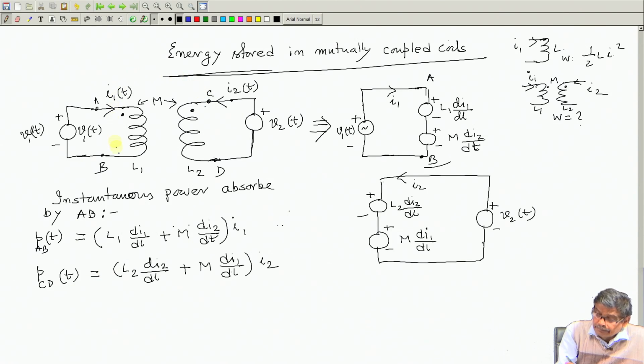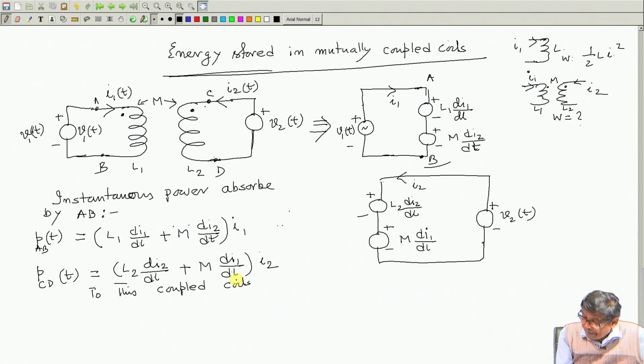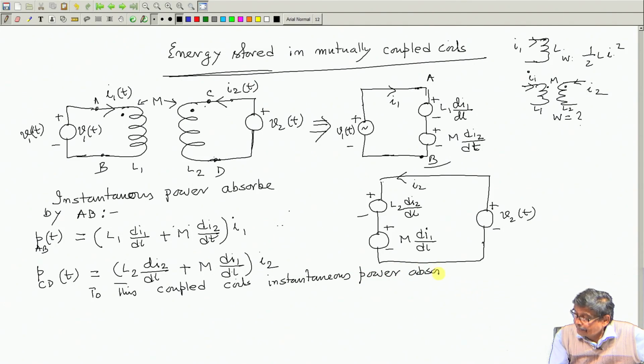Therefore, to this system ABCD, to the coupled coils, instantaneous power absorbed will be equal to the sum of these two, is it not?